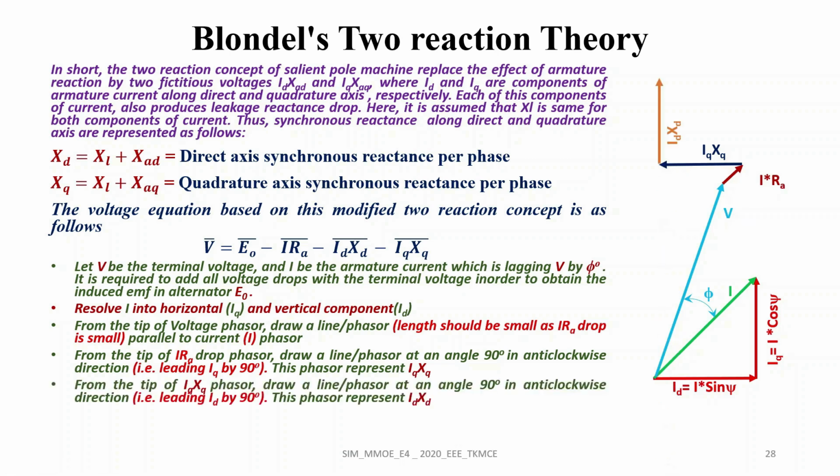That phasor is ID XD. Now the final phasor is E0. That is, the vector sum of the voltage phasor, the I into RA phasor, IQ XQ plus ID XD phasor gives the no load induced EMF E0. The angle between E0 and V is the load angle or power angle delta. The angle between E0 and I is the internal power factor angle psi. So this completes the phasor diagram of the salient pole alternator considering the modified two reaction theory.